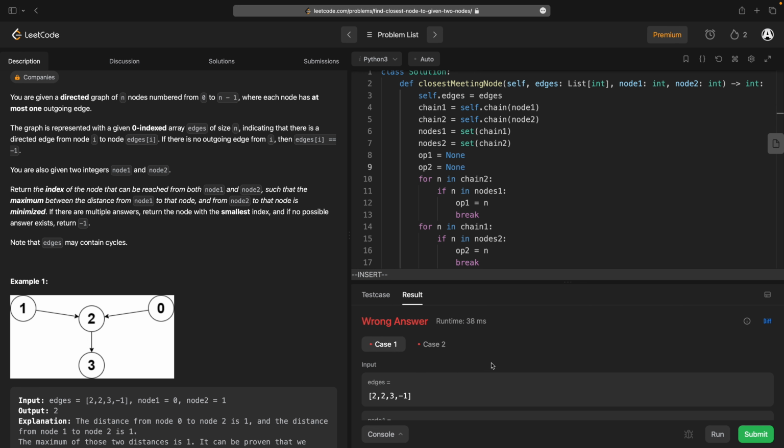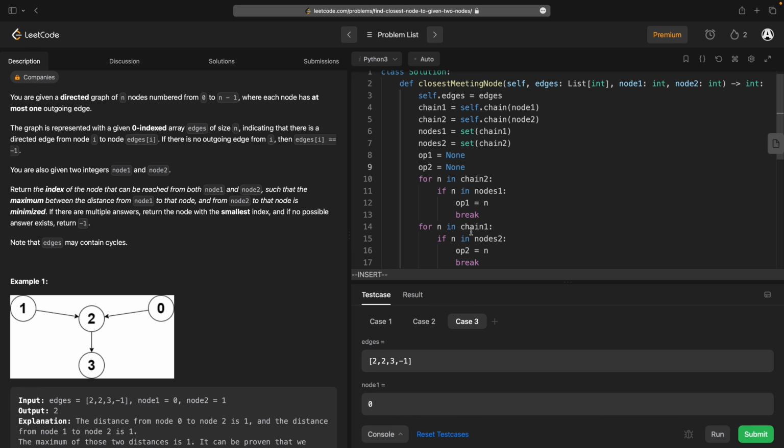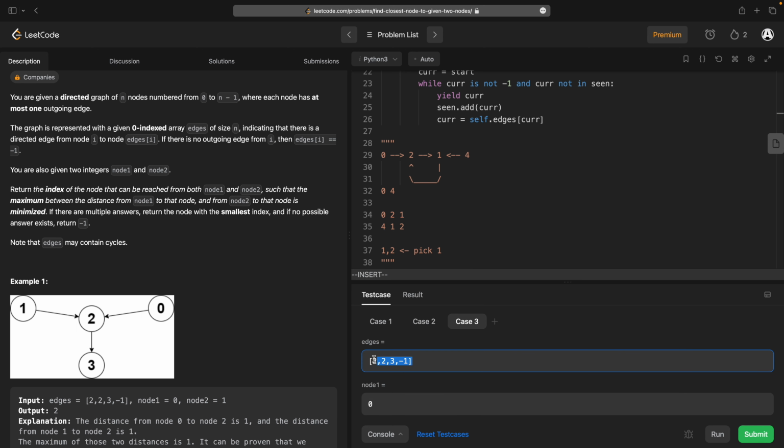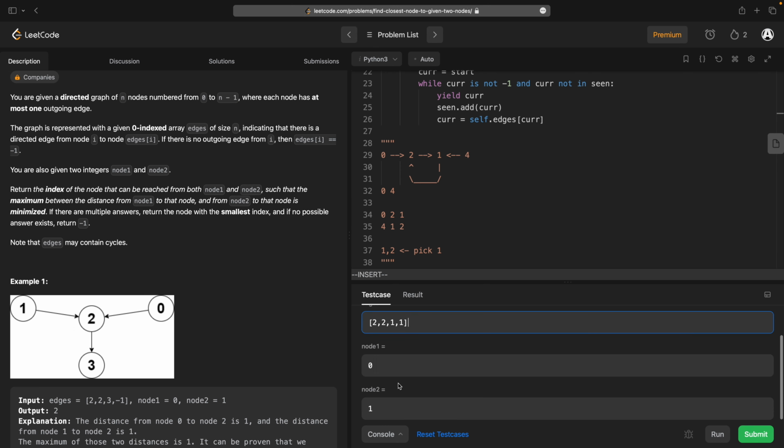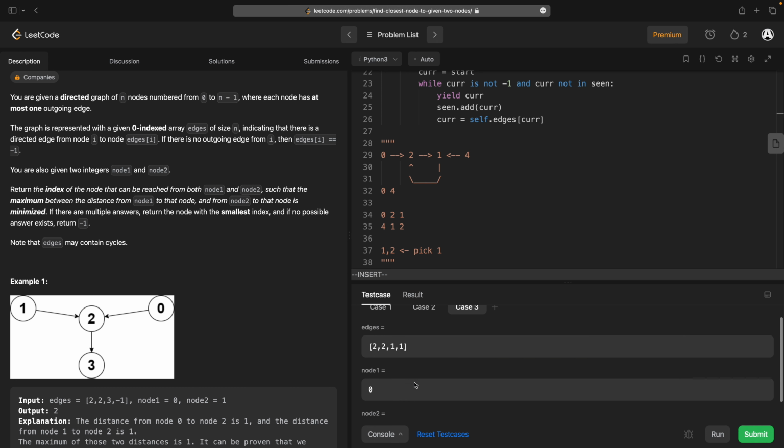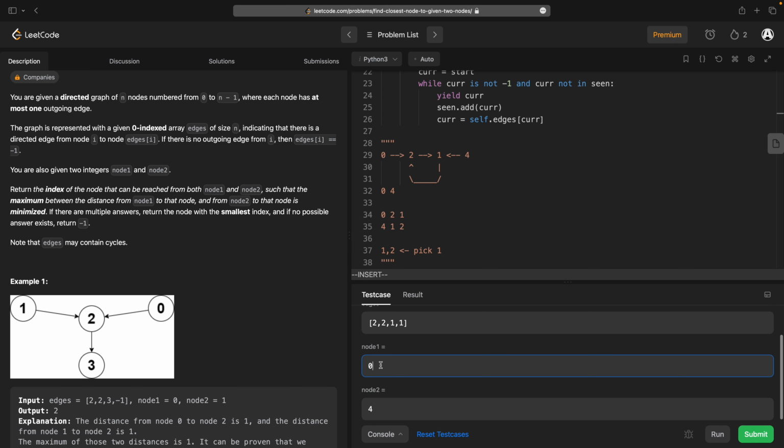In fact, I think I want to turn this example into a test case here. So the edges are going to be 0 goes to 2, 1 goes to 2, 2 goes to 1, and 4 goes to 1. And I want to go from 0 and 4.